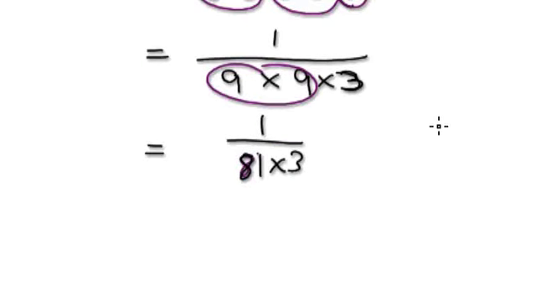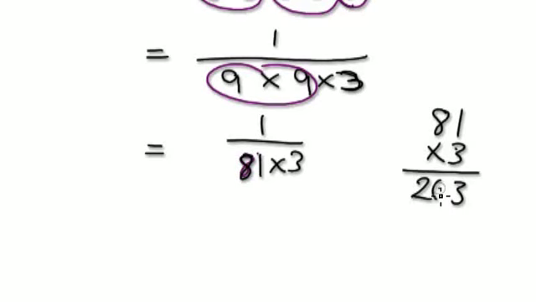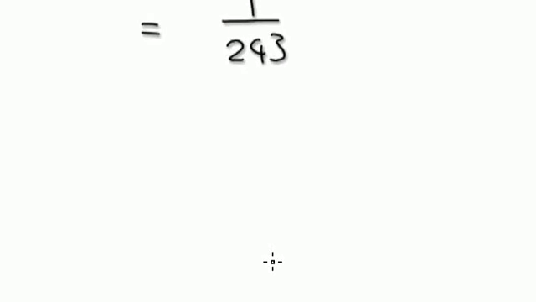Okay, and jump to 81 times 3 here. This 3 times 1 is 3. This times this, 24. So the overall answer would be 1 over 243. Okay. In the next video, I will give you some practice.